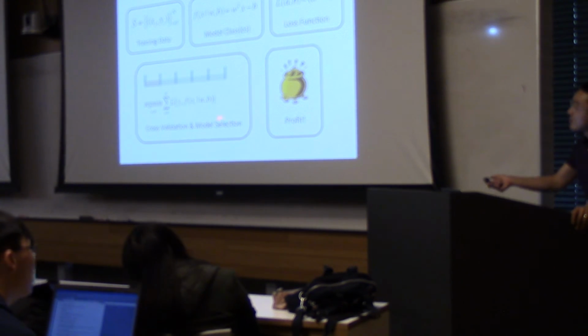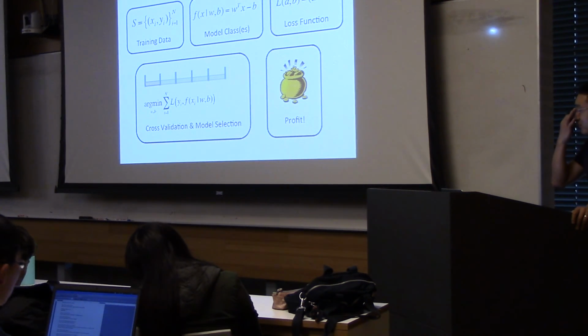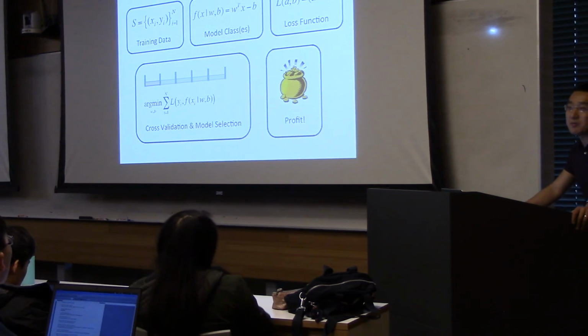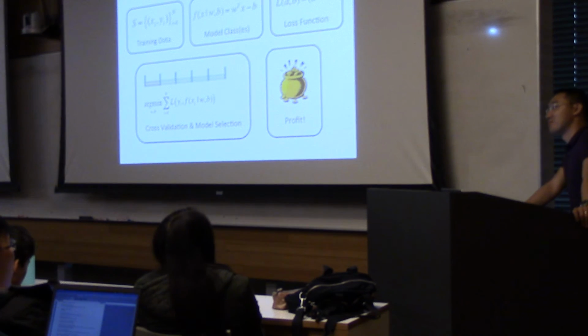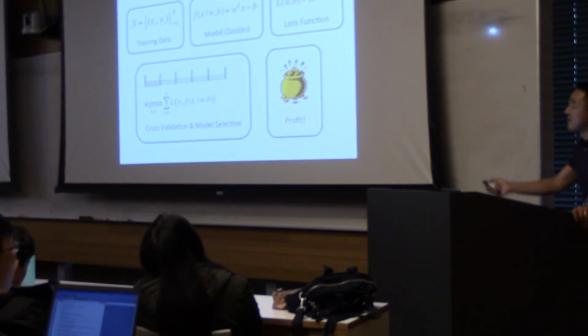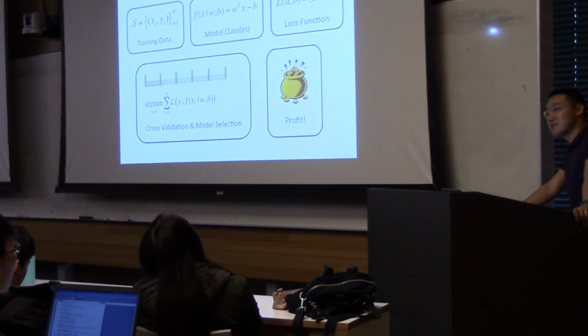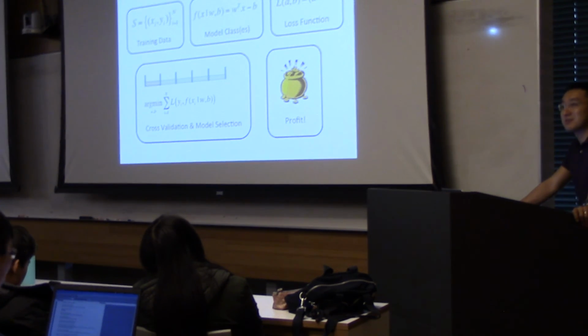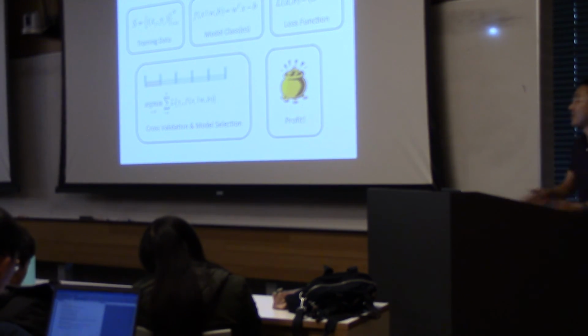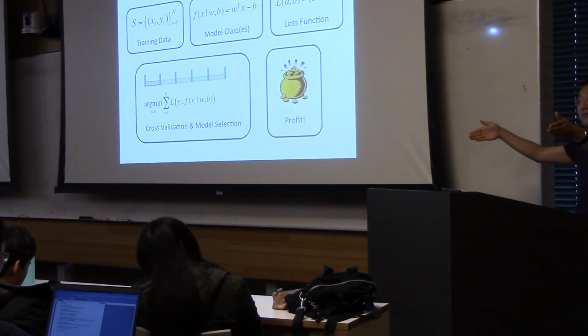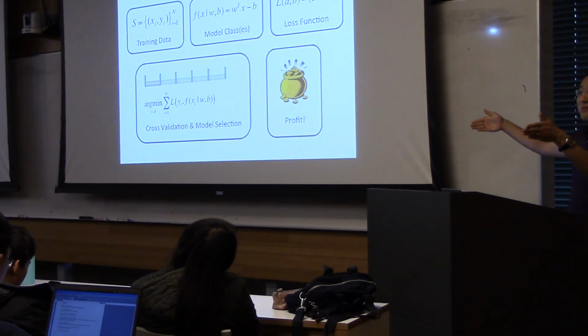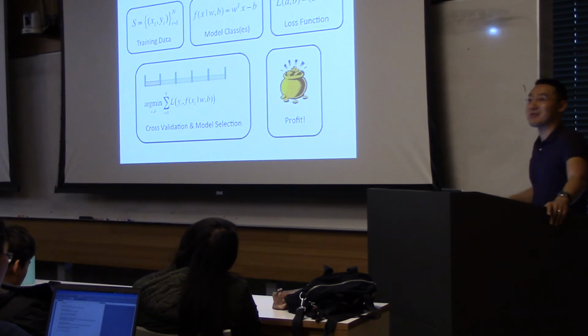So let me answer a slightly different question. If you want to do the best possible cross-validation, you should do what's called leave-one-out cross-validation. What that means is the number of splits is equal to the number of training examples you have. If you have 1 million training examples, you have 1 million splits. One test example, 999,999 training examples, and you repeat that 1 million times.